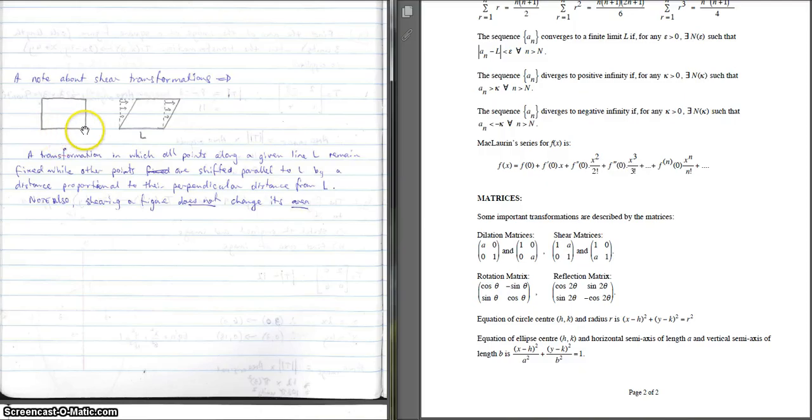In this shear transformation, all points along a given line L, in this case along your x-axis where the y value is 0, remain fixed, while other points are shifted parallel to L by a distance proportional to their distance from L.